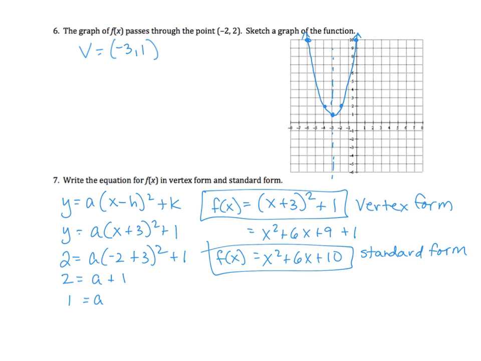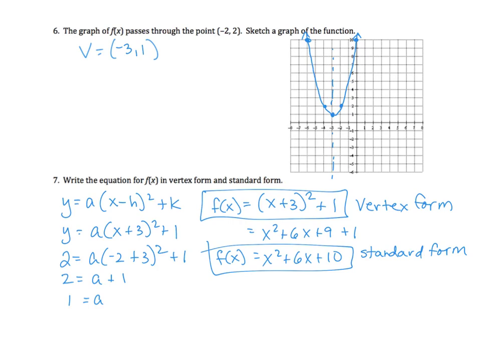I want you to remember that really I can find any point on my graph just by plugging in any x value. It was nice that I had the y-intercept, and that allowed me to find another point, but I could have plugged in negative 1 to find what value it was. And it looks like it's 5, but it may or may not be, just based upon the curve I drew.